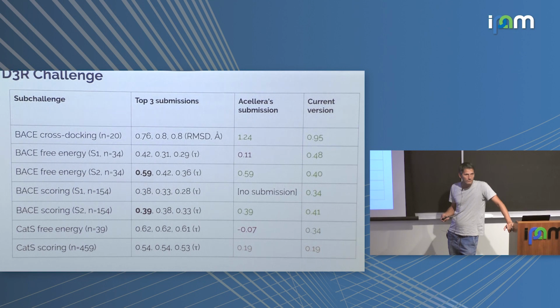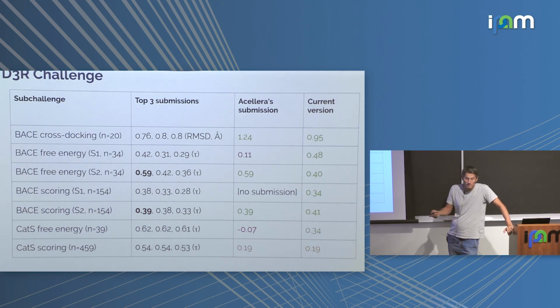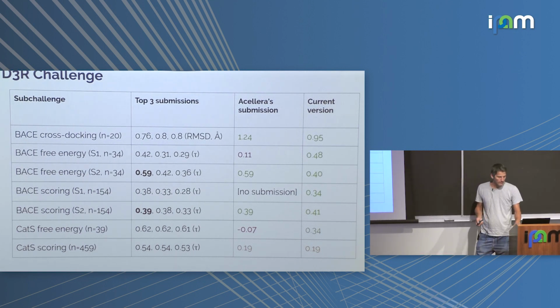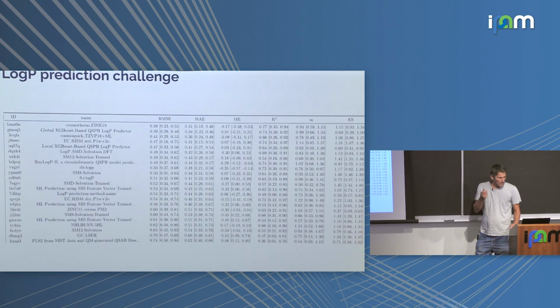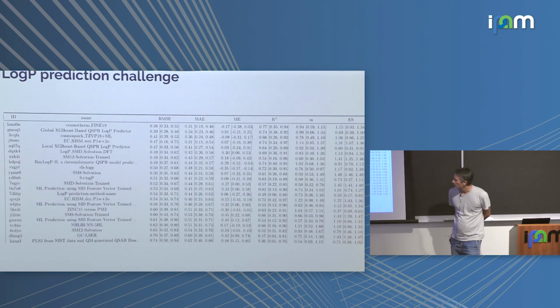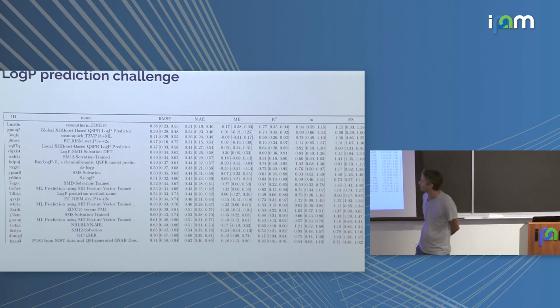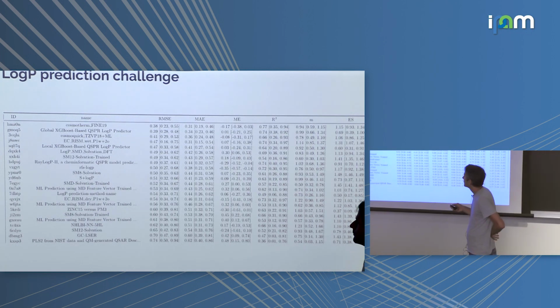It could be for many reasons, even the featurization. I think the logP prediction is interesting. We applied multiple models. We applied a fingerprint-based XGBoost, which is this one.